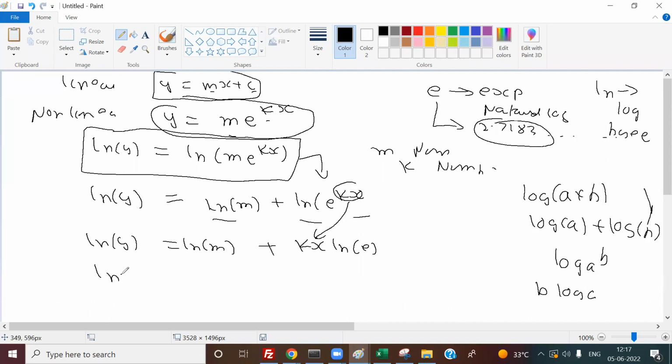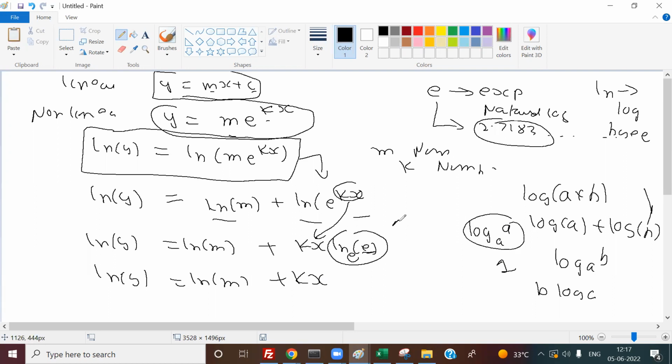Now the above equation would be written as ln y is equal to ln m plus kx. Why? Because log of a to the base a is always 1. Over here I am finding the log of e and base is also e. So this number will become 1. So what is the final answer? Final answer is this answer.